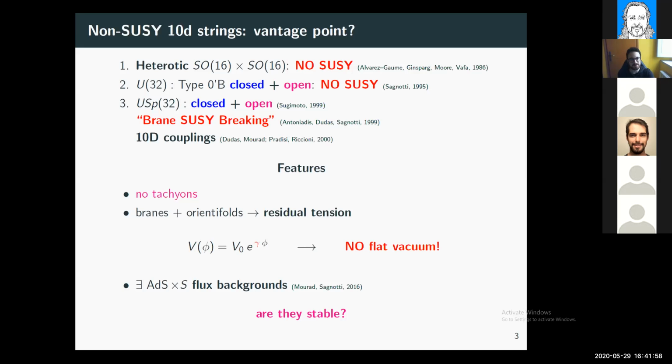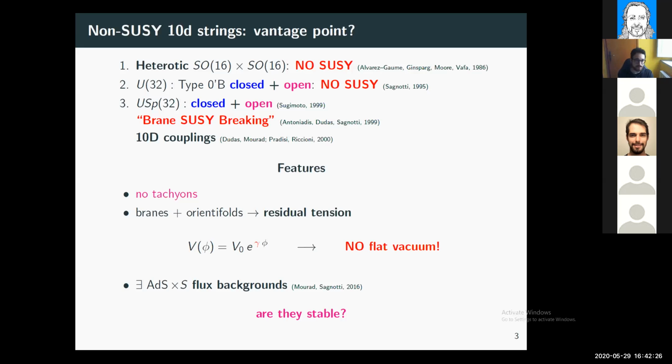And then the last one is an orientifold of type IIB string theory, which leaves a USp(32) gauge group, and it's somehow a cousin of the more well-known type I superstring. The key difference here is that from a space-time perspective, one is adding anti-D9 branes together with the O9 plane instead of regular D9 branes.